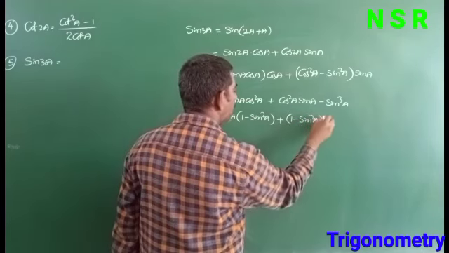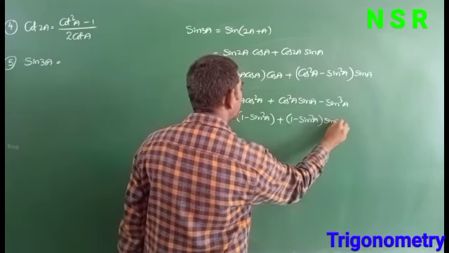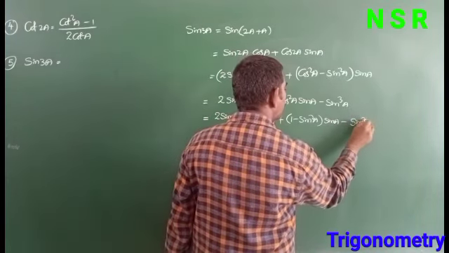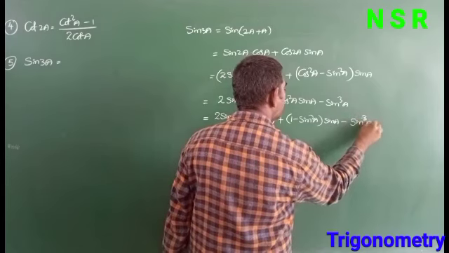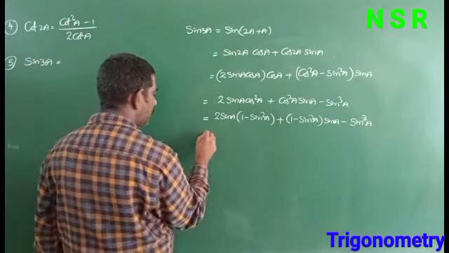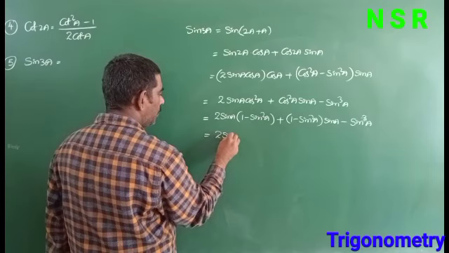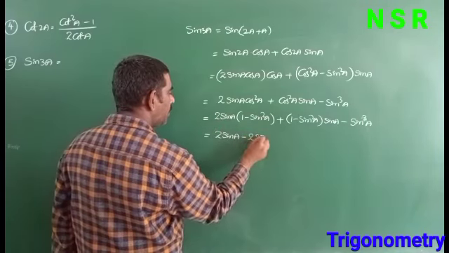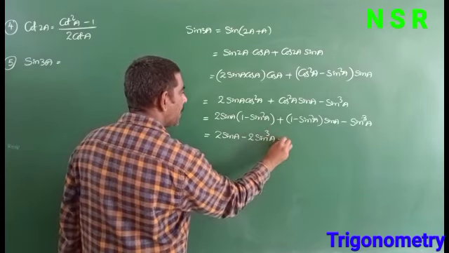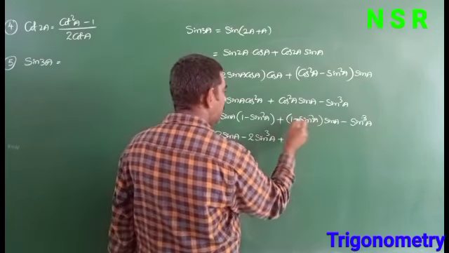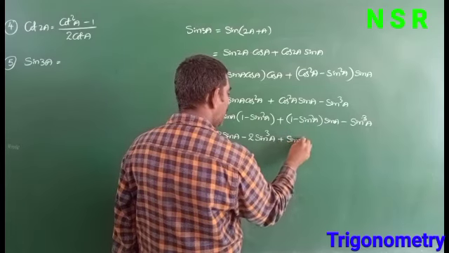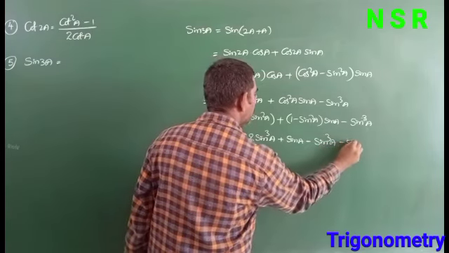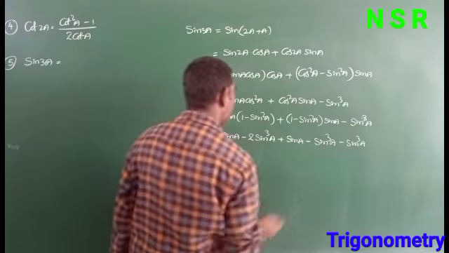Why? Because we want sin 3a in terms of sin only, so that's why cos square changes into sin square. So in place of cos square a write 1 minus sin square a. So we get 2 sin a into 1, which is 2 sin a, and 2 sin a into sin square a, which gives 2 sin cube a, plus sin a into 1, which is sin a, minus sin cube a.